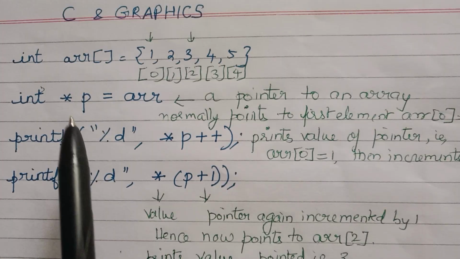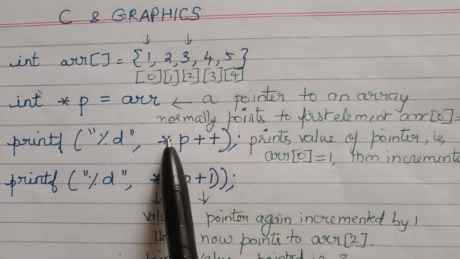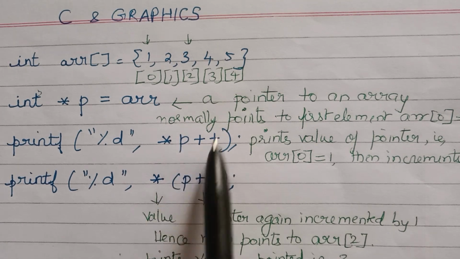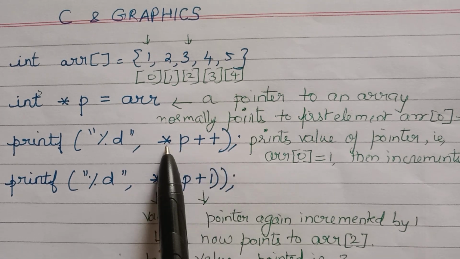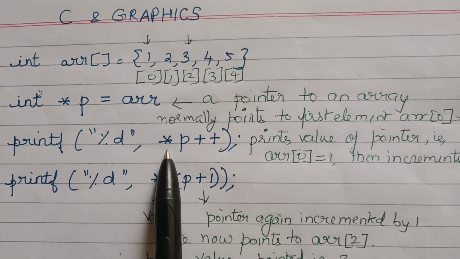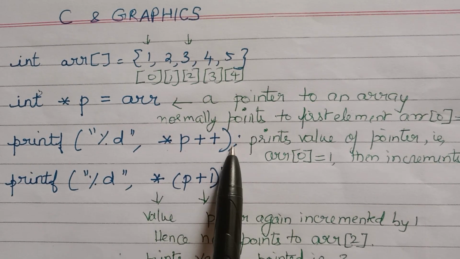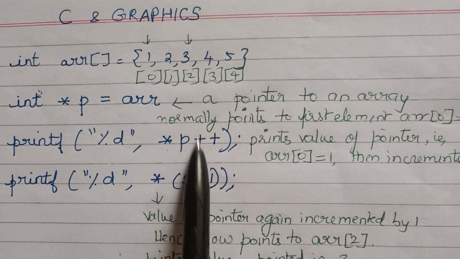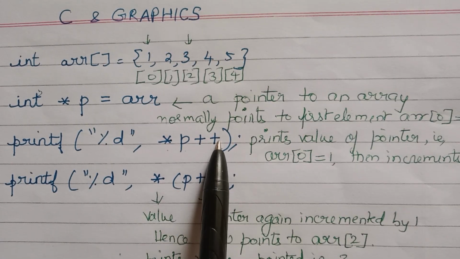What is this value? Star means its value. After the star, whatever is there is the address. Here printf %d, they are asking to print *p++. First *p, so only the p value will be printed, because after that p will be incremented.